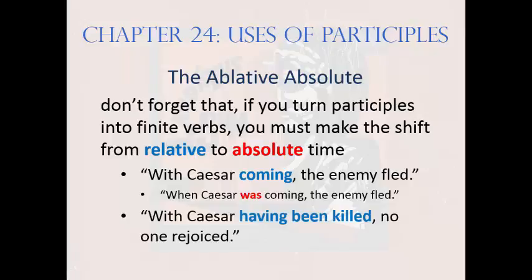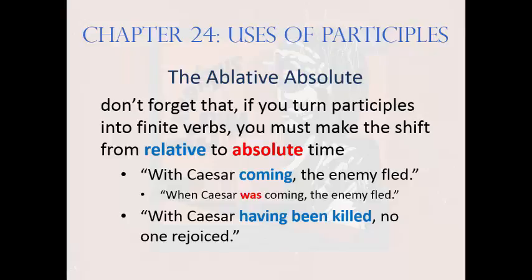And how about "with Caesar having been killed, no one rejoiced"? A giant lie, but let's go with it. Change the A squared into a clause starting with "after." "After Caesar is killed"? "Was killed"? When is the killing happening relative to the rejoicing or lack thereof? Before it, of course.